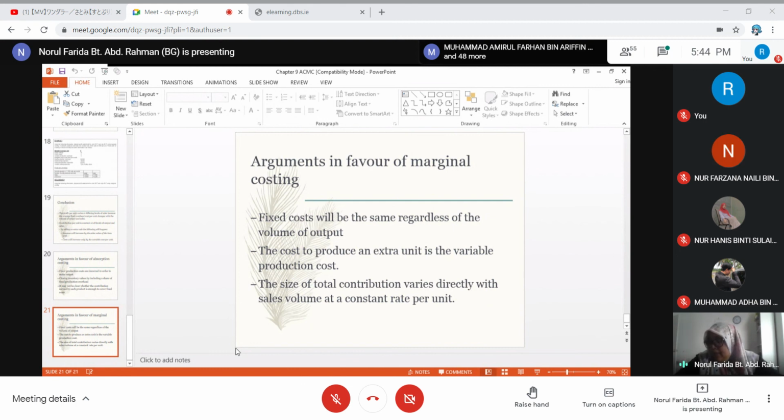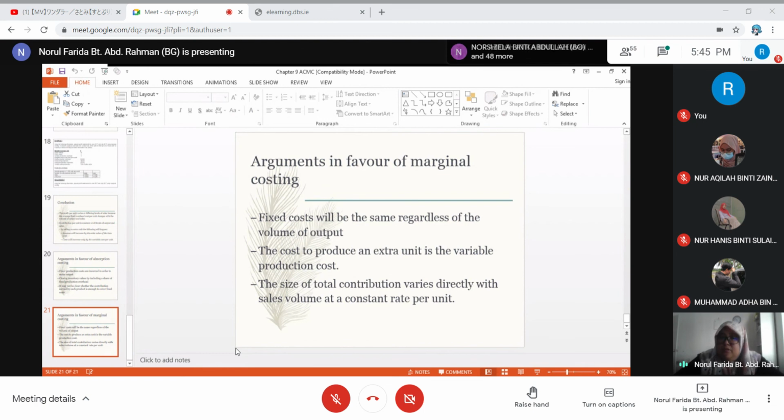Okay. The cost to produce an extra unit is the variable production cost. It is realistic to value closing inventory item at this directly attributable cost. Alright. Cost untuk produce satu extra unit adalah variable cost sebab itu yang relevan. Jadi realistiknya kalau kita nak value kita punya closing inventory, kita kira kita punya variable cost je lah.